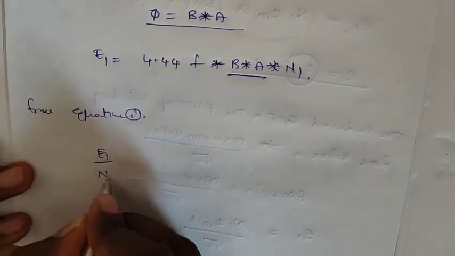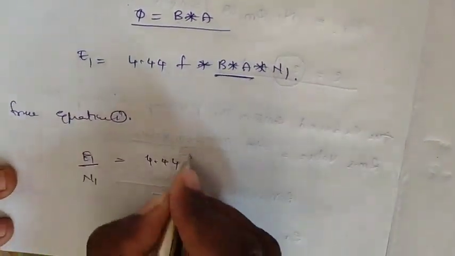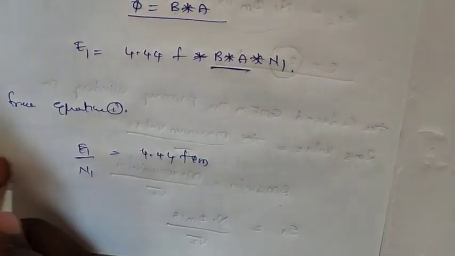From equation 1, E1 by N1 equals 4.44 f Φm.